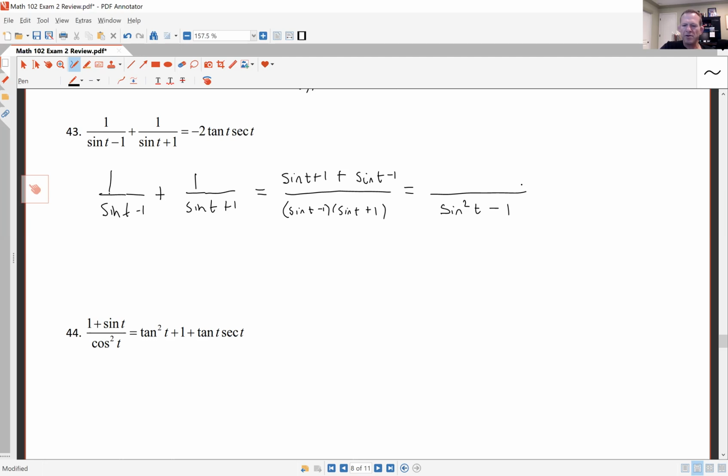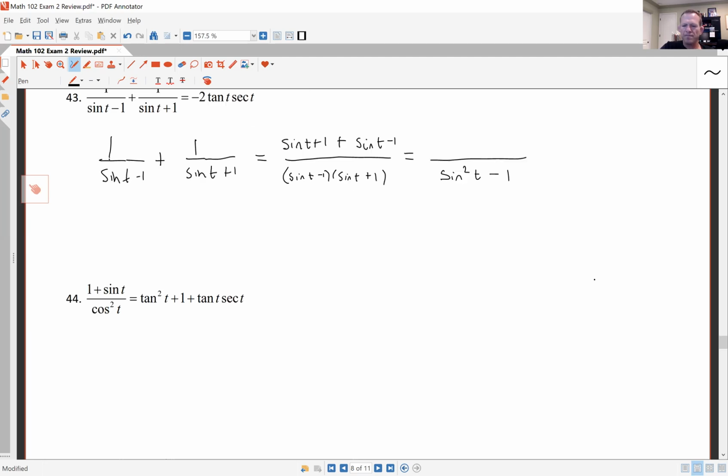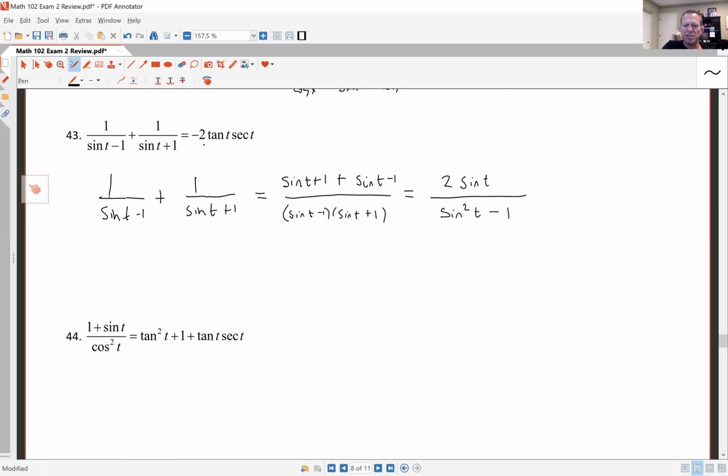Adding those together, you have 2 sine t in the numerator. So we see the 2's taking shape. Where's the negative come from and the tangent and secant? Well, sine squared plus cosine squared equals 1. And so if I do sine squared minus 1, that'll actually equal negative cosine squared t.